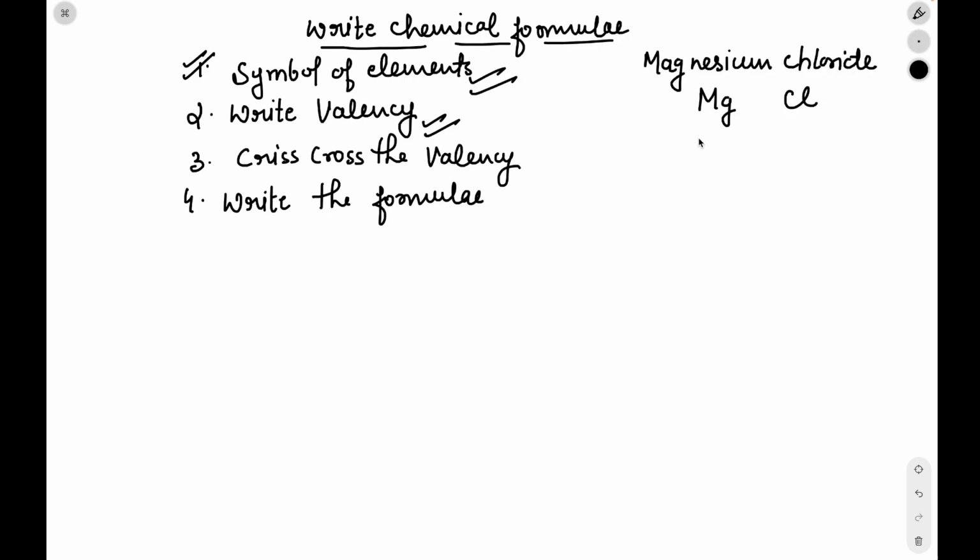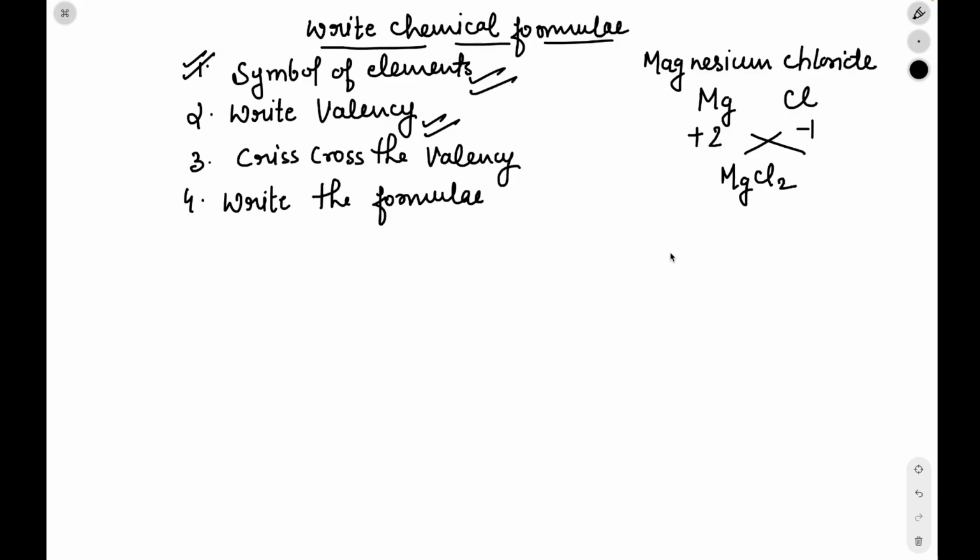Now we write the valency of every element below it. The valency of magnesium is 2 and the valency of chlorine is -1. Now crisscross the valencies and the formula that we get for magnesium chloride is MgCl2.